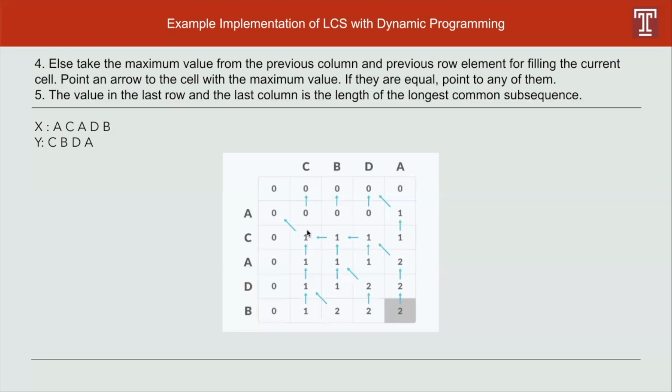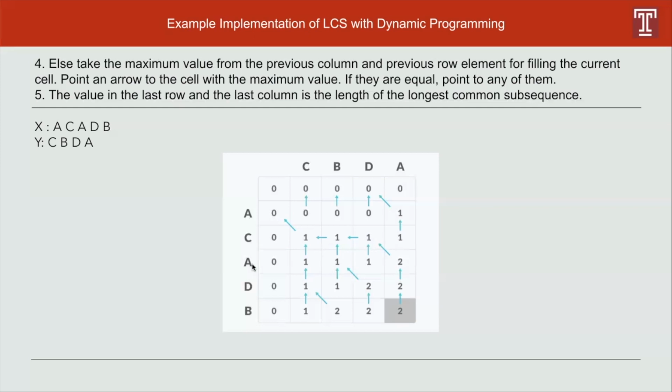The left value is the highest one. So we take this value to assign in this position, and we point out that this value comes from here. In this way, we will point out the next values.